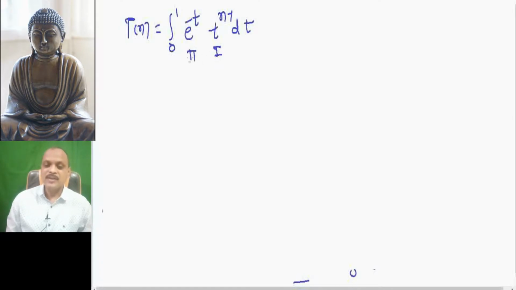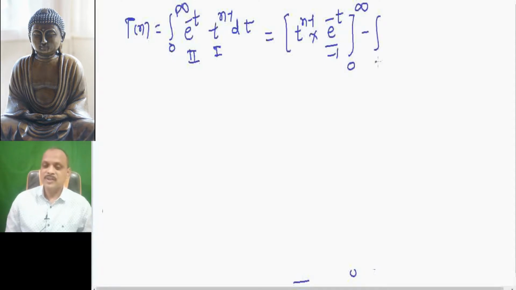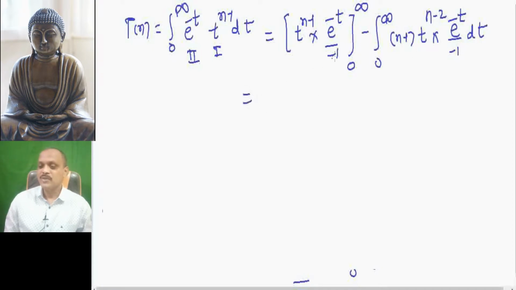Now if we evaluate this, this is my first function, this is my second function, by integrating by parts, what we get? t raised to n minus 1, the first function, into integration of the second, e raised to minus t divided by minus 1, between the limit 0 to infinity, minus integration 0 to infinity of the derivative of the first function, n minus 1 into t raised to n minus 2, into integration of the second, e raised to minus t divided by minus 1, into dt.